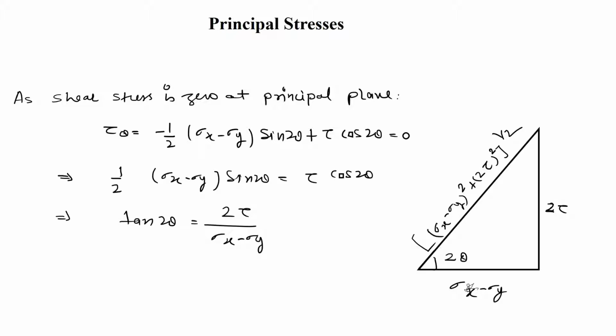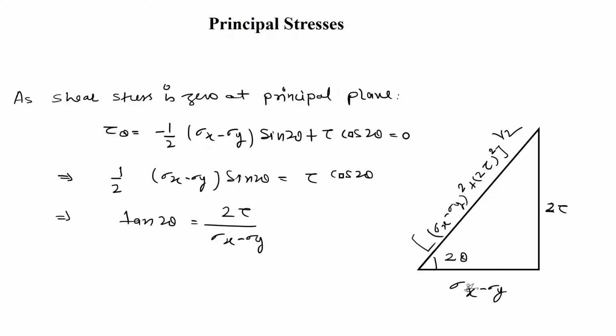These are known as principal planes, and the normal stresses across these planes are known as principal stresses. The larger of the two stresses, sigma 1, is called the major principal stress and the smaller one the minor principal stress. The corresponding planes are known as major and minor principal planes.